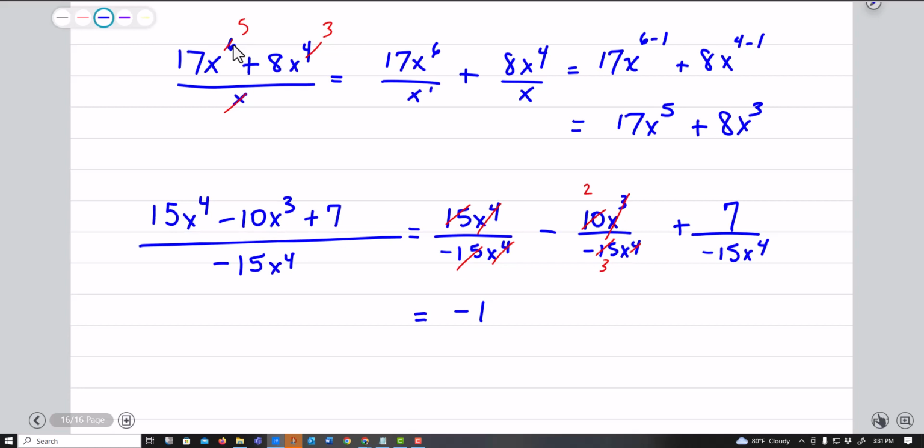So what do I have left here? I have a negative and a negative, so that's going to be a positive. On the top, I just have a 2. On the bottom, looks like I have 3x. And then I don't see anything here that I can do with that piece.